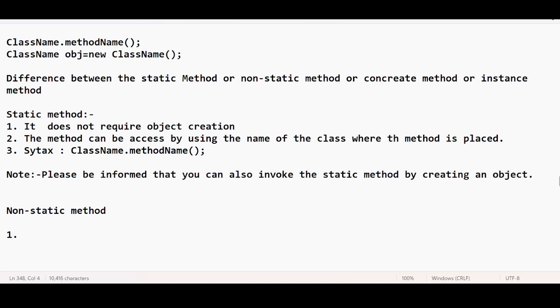First point, it does not require an object creation. Okay, same point I can use, but I can change it. It does require an object creation. Second point, the method can be accessed by using only the class name, but here I can make a change.